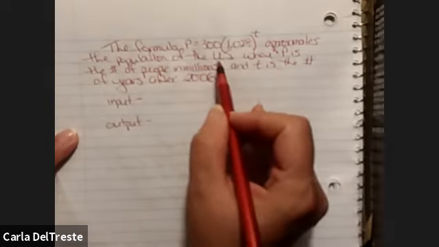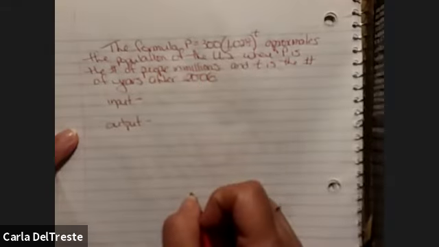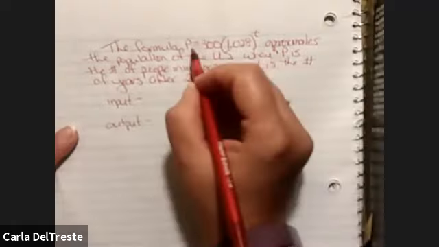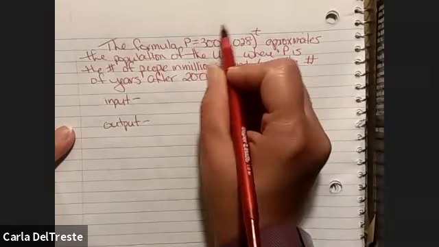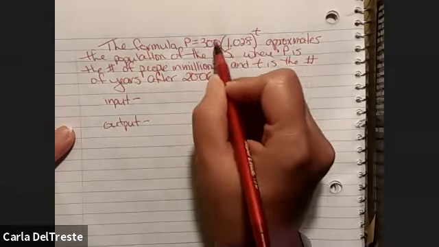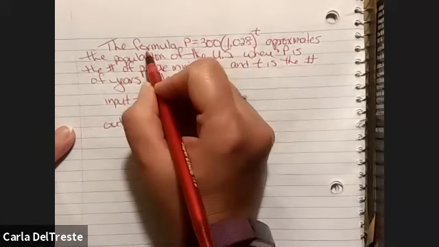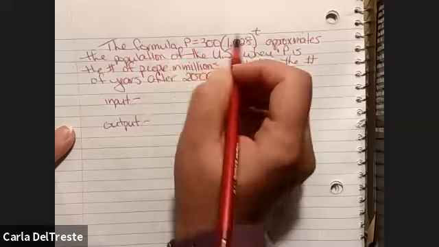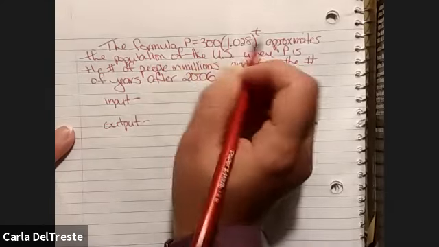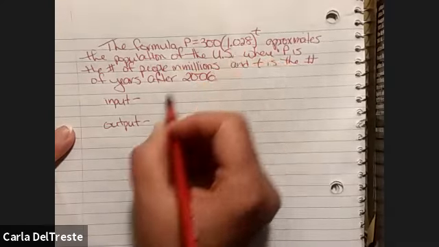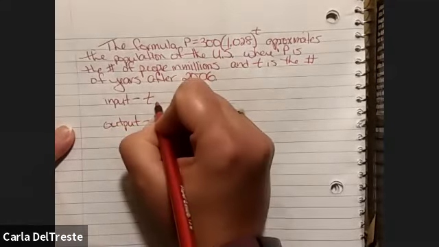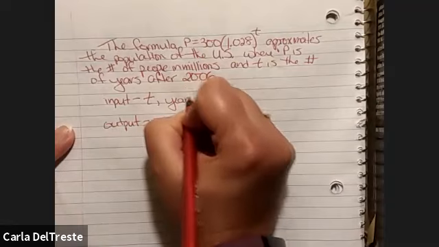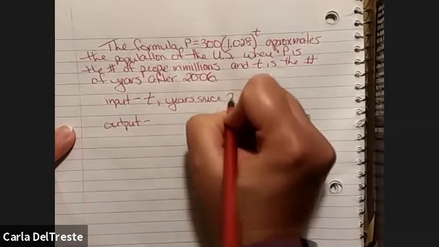Which is going to be independent and which is going to be dependent? Or you can take a look at position clues. The T is inside the function and the P is alone. So I could just look at the position and it'll tell me which one is which. What am I plugging in? I'm plugging in values for T, which is years since 2006.